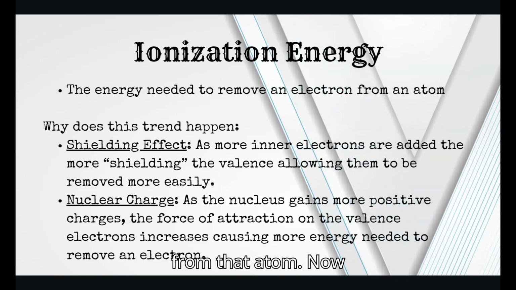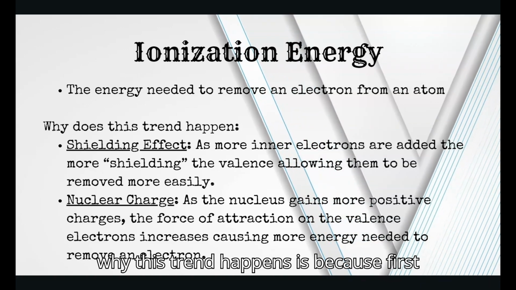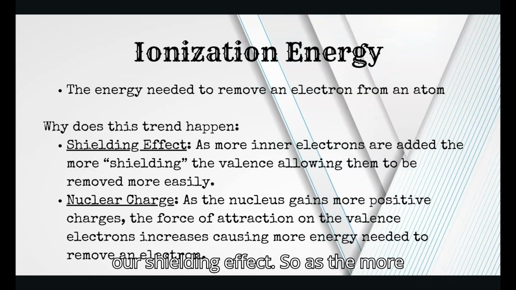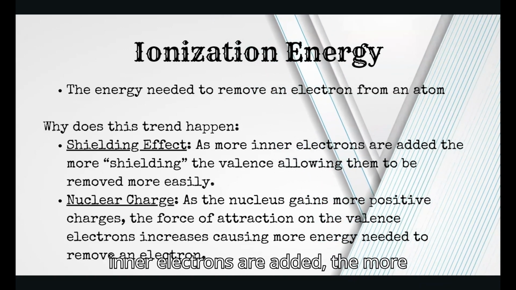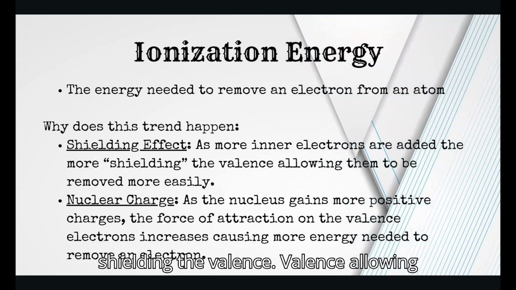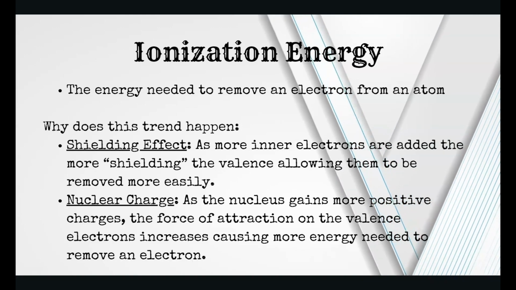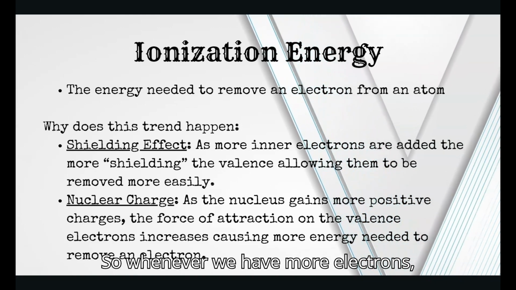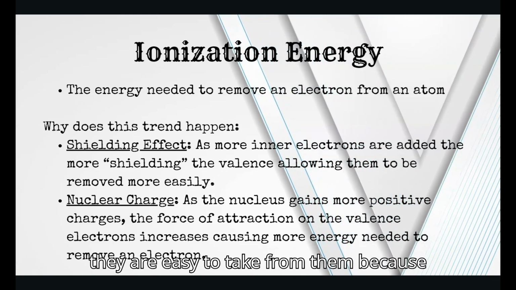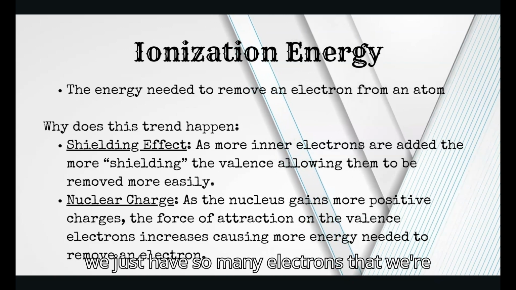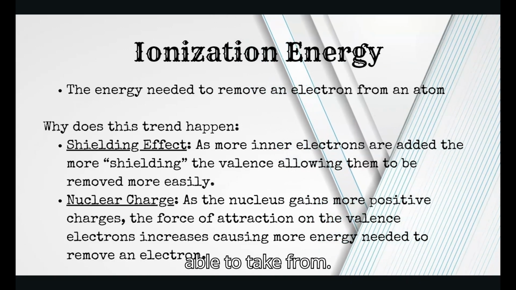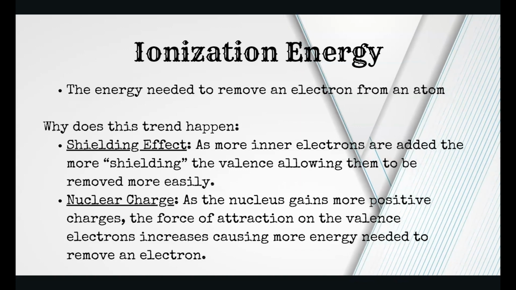Now, why this trend happens is because, first, our shielding effect. As more inner electrons are added, there is more shielding of the valence electrons, allowing them to be removed more easily. Whenever we have more electrons, they are easy to take because we have so many electrons to take from.